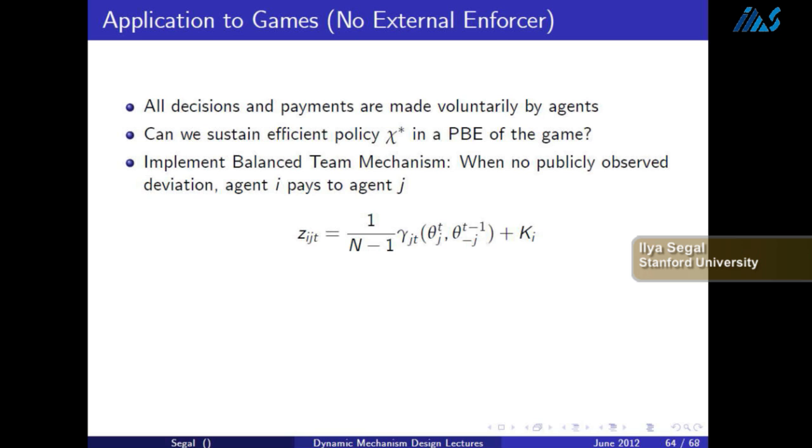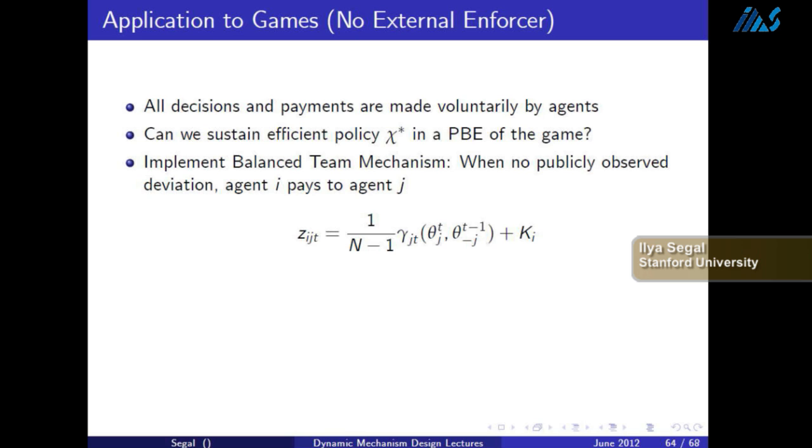The idea is that we can try to do it by implementing this balanced team mechanism that we constructed, but in a way that everything is voluntary. The way the mechanism will work is, if there's no publicly observed deviation and everything looks okay, then the agents are supposed to make these payments to each other, where z_ijt is a payment that agent i makes to agent j in period t, which will just be the incentive term of agent j, and the terms are shared equally, so he is only paying a 1 over n minus 1 share of this term.